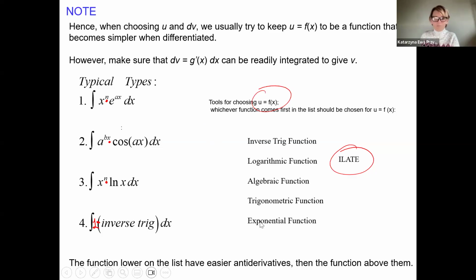Whichever is at the bottom is easier to be dv, because the bottom functions are easier to anti-differentiate. Exponential, trigonometric, yes. Algebraic, logarithmic are not that easy to anti-differentiate, but they are easier to differentiate. Just a small suggestion to memorize.